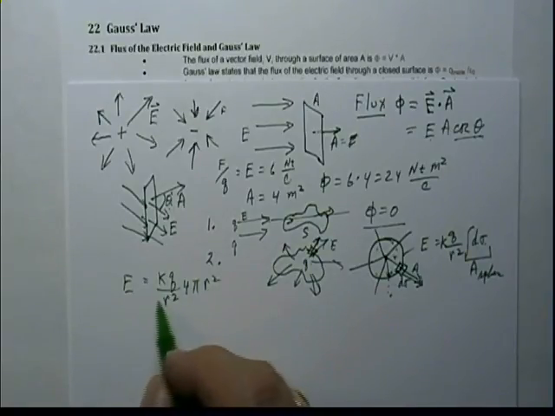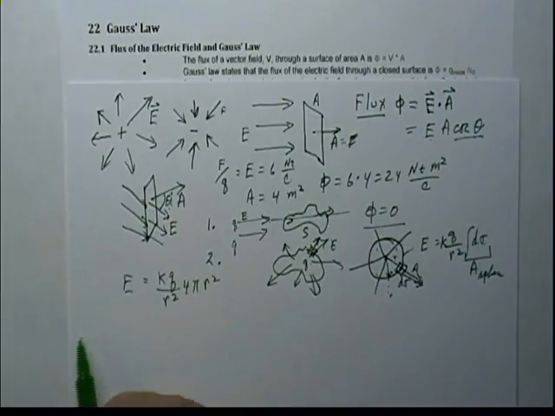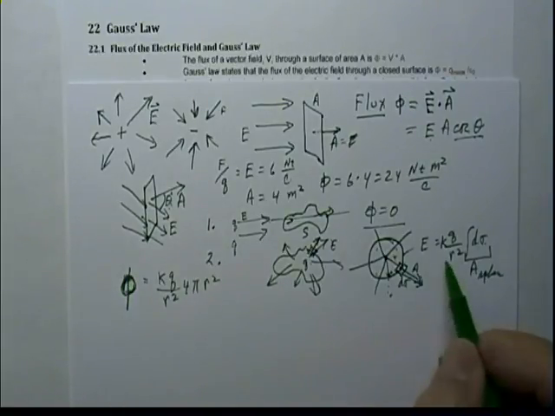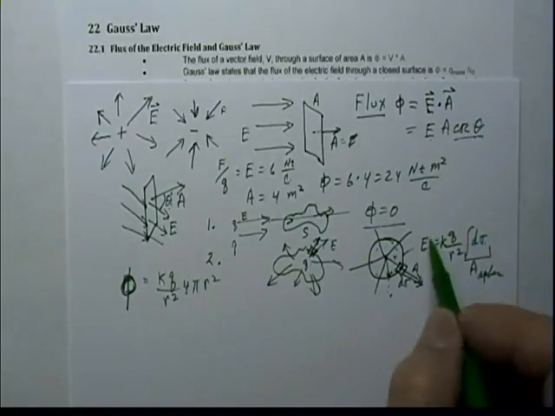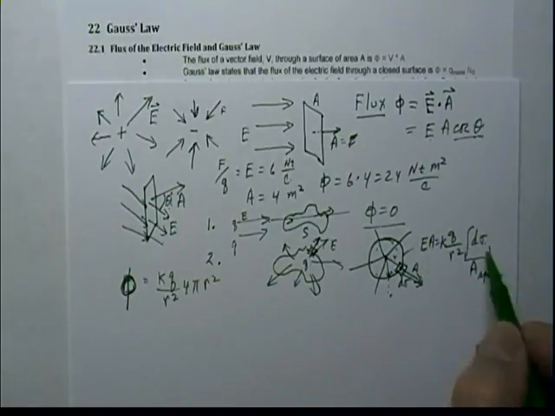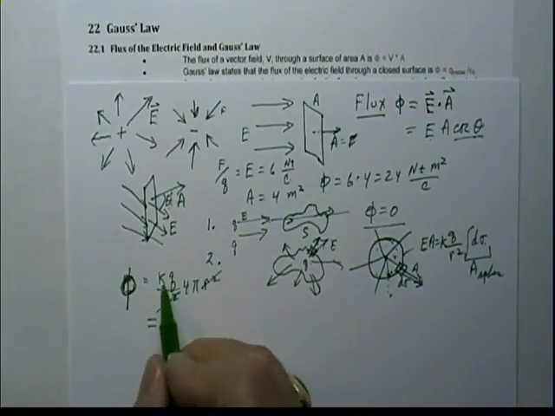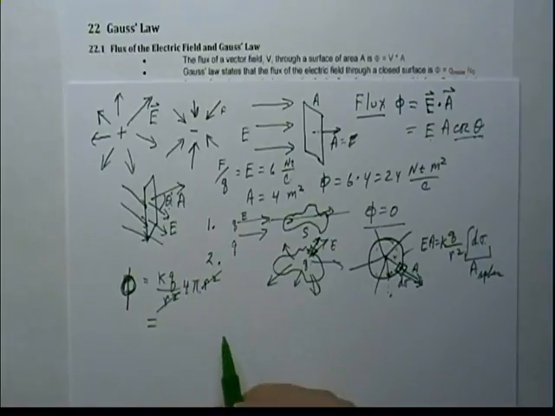And so now you see this is the total flux. It's E times the area, and our R squared cancels our R squared, and so what we get is KQ times 4 pi.